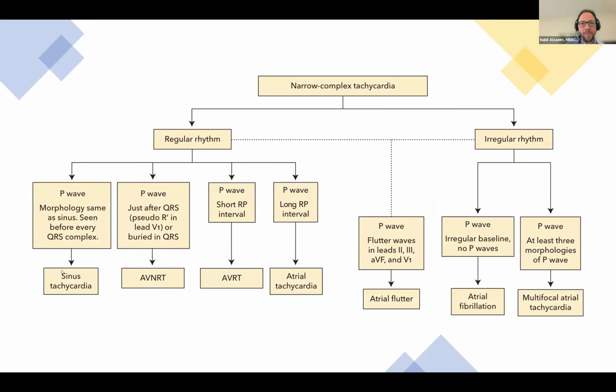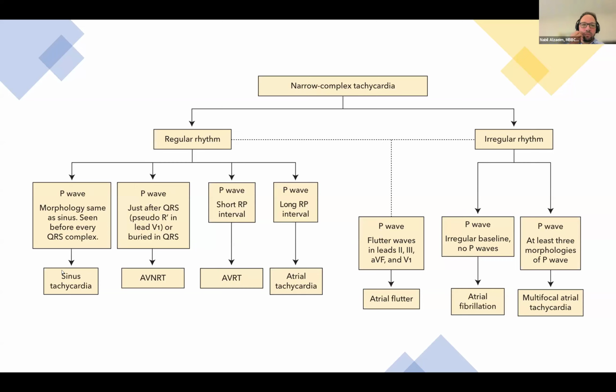Now this slide summarizes the narrow complex tachycardia, either regular or irregular rhythm. When we see a P wave with the same morphology as sinus before every QRS complex, this is sinus tachycardia.